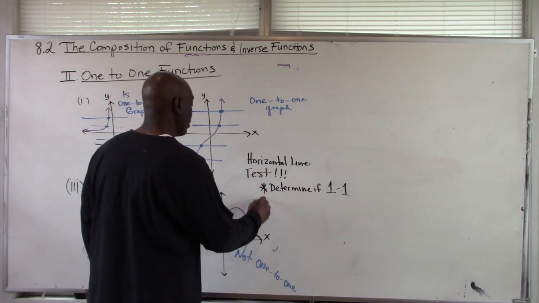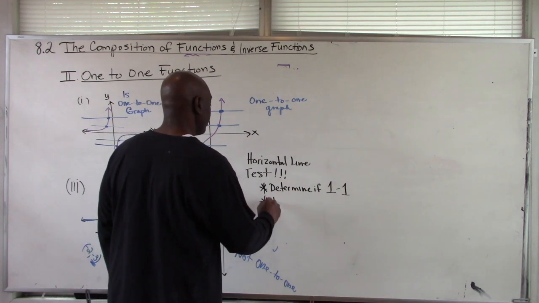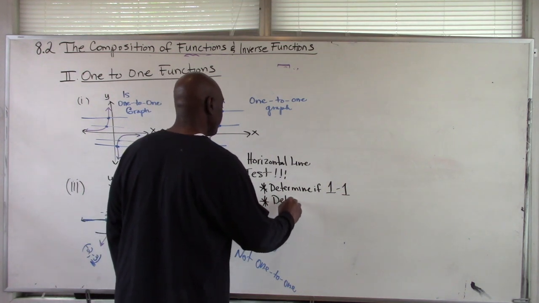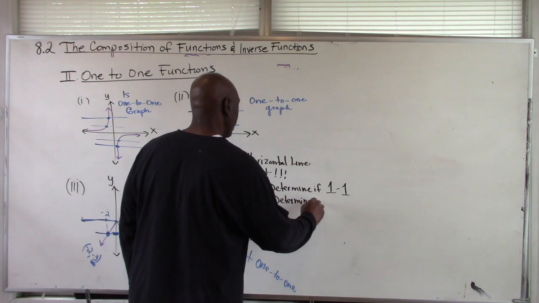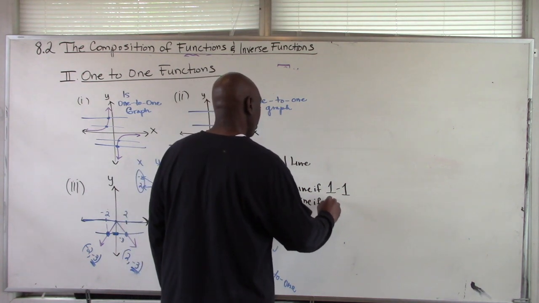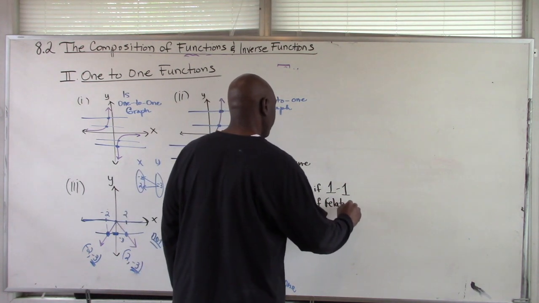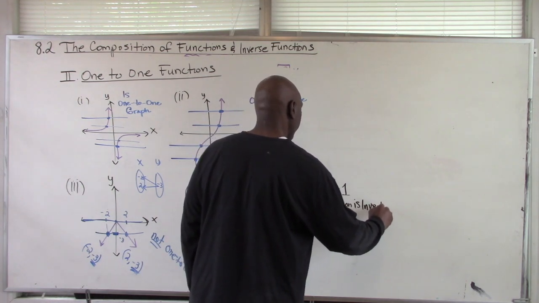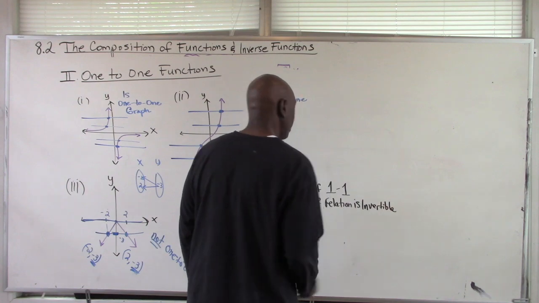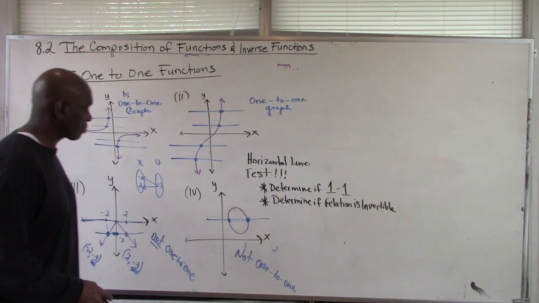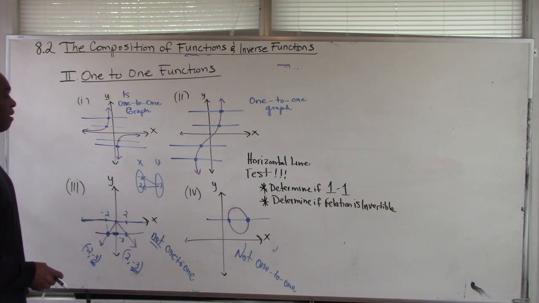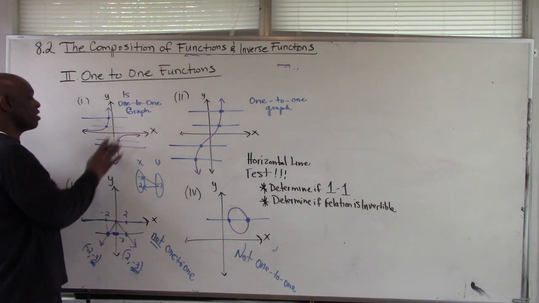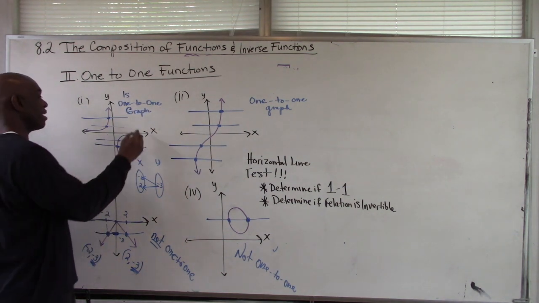Or it also can determine if the relation is invertible. Does it have an inverse? Okay? So since this graph is 1 to 1, then yes, it has an inverse.